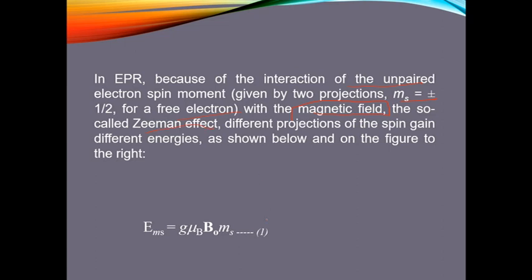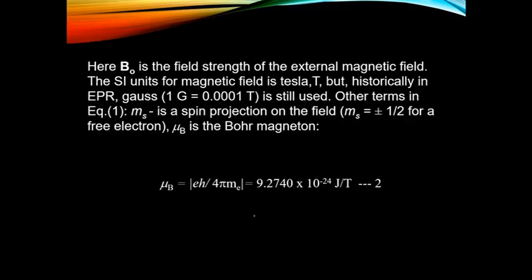Where this effect takes place, you need an applied magnetic field, given in SI units in Tesla, and it is about 0.0001 T. Some units we need to remember by heart. Other terms in the previous equation: ms is the spin projection in the field, ms equal to plus or minus half for a free electron, and mu_B is the Bohr magneton.